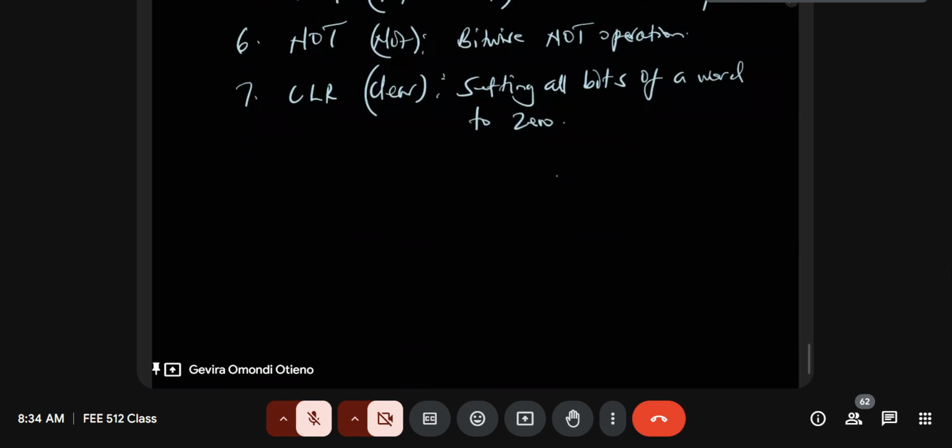So let me start with the move instruction or the move command. Remember, we said that command is in uppercase, not lowercase.